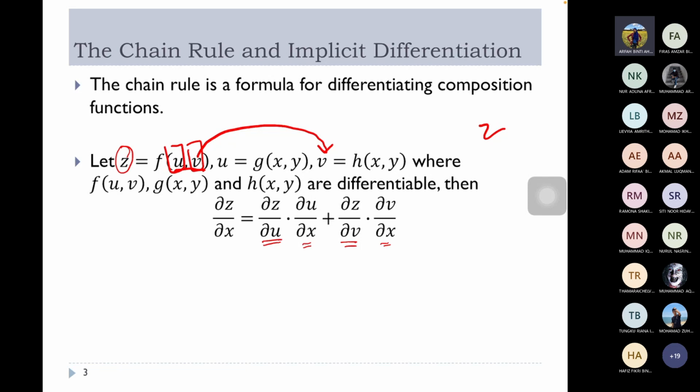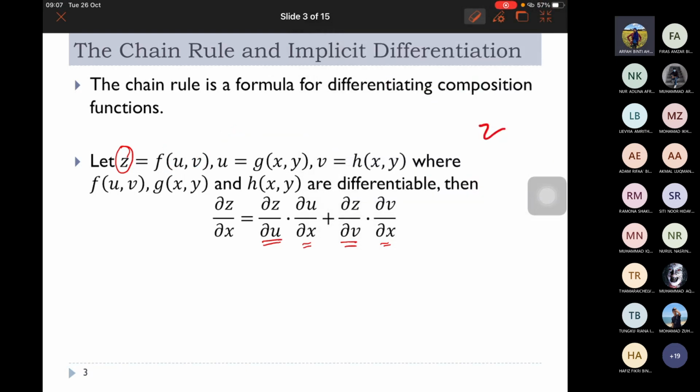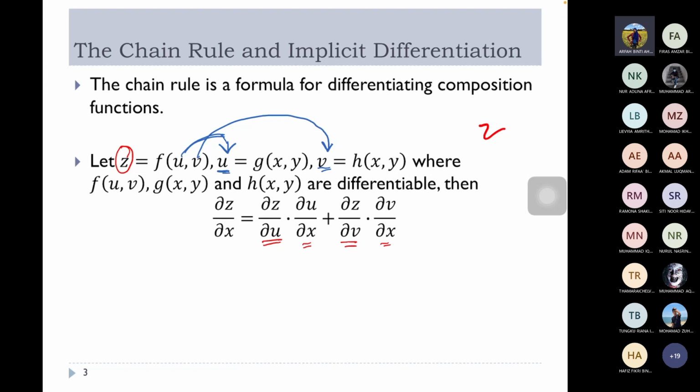Because u is another function of x and y, and v is also a function of x and y, we have to find the derivative of u and v with respect to x, multiplied with the derivative of function z with respect to u and v. So this is what we call the chain rule, a composition function.